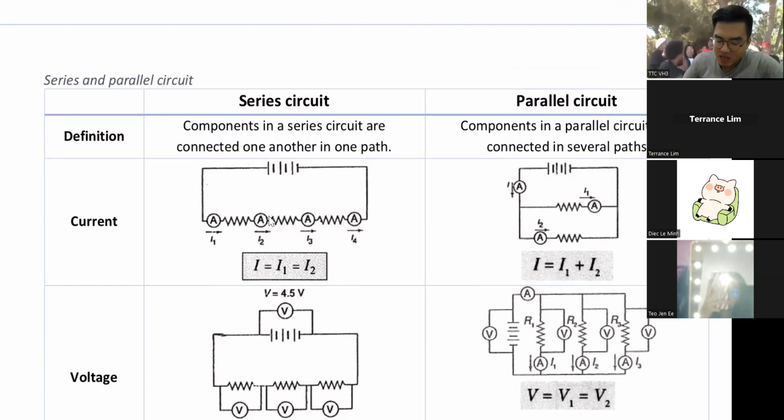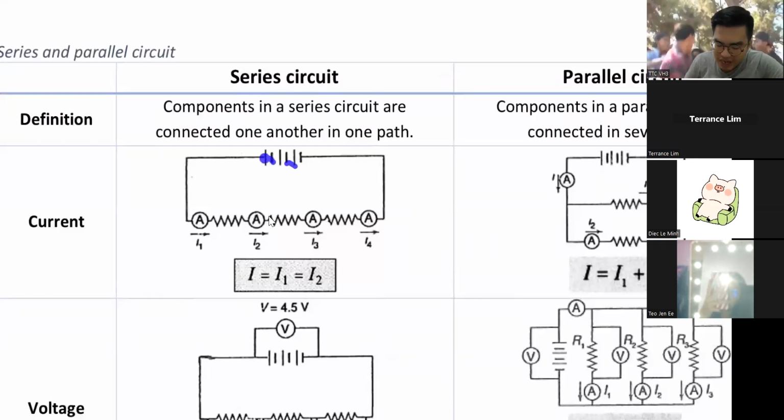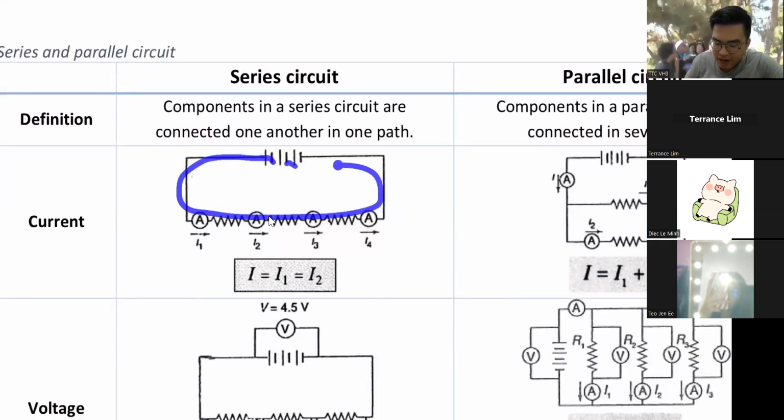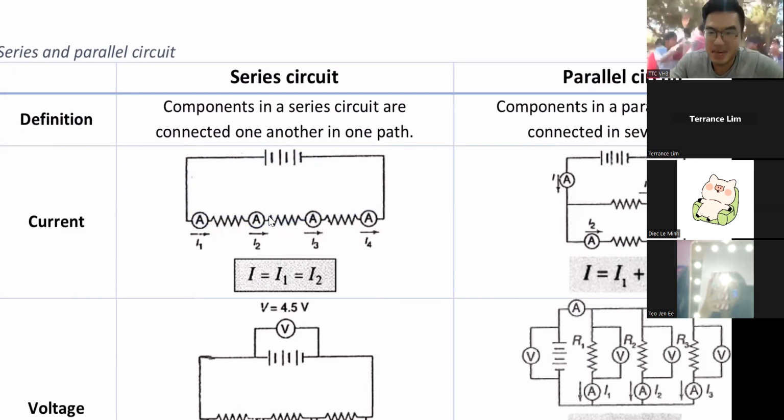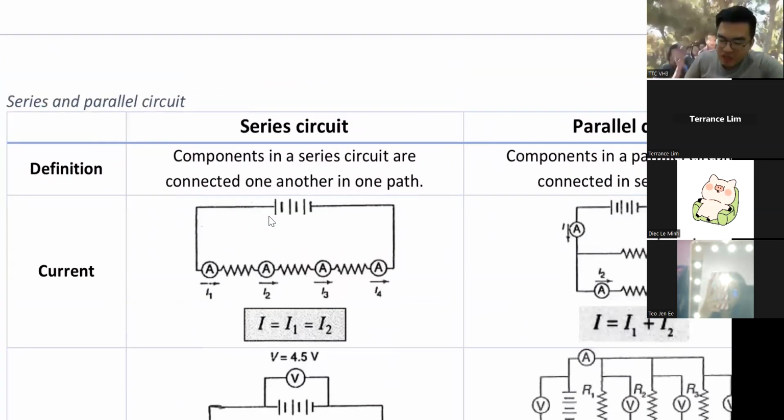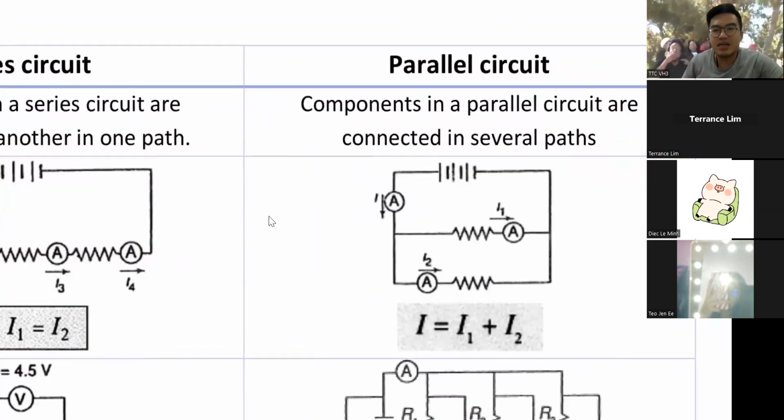So guys, let me ask you, this is a series circuit, right? Everything is in one line. How many rivers is this? Series circuit? Yes, this is one continuous river. Put it in your head first. What about parallel circuit?